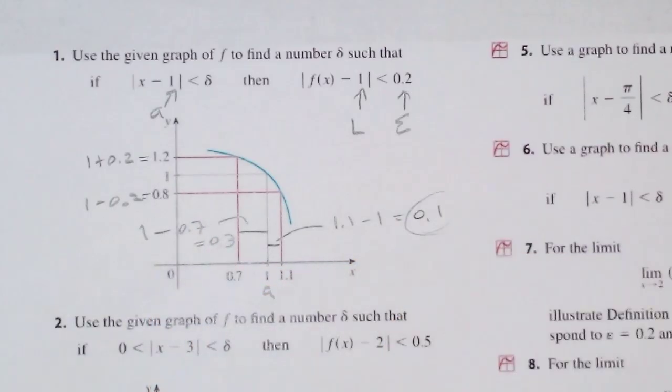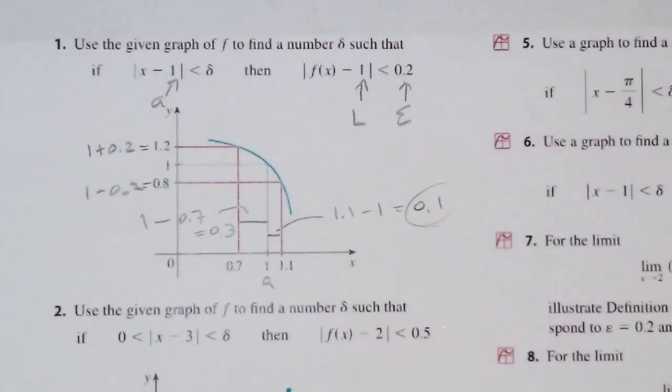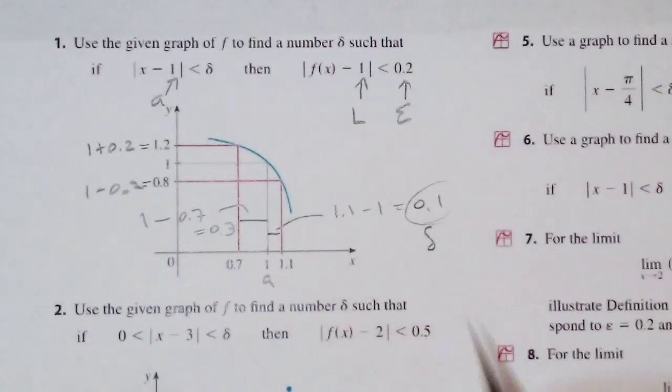I pick the smaller one. That's my value of delta. So in order for me to win the bet here, I need to be within 1/10 of the x value, 1. And then you're guaranteed to be within that horizontal stripe.